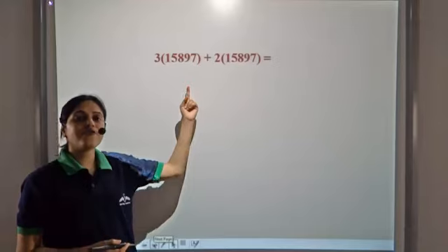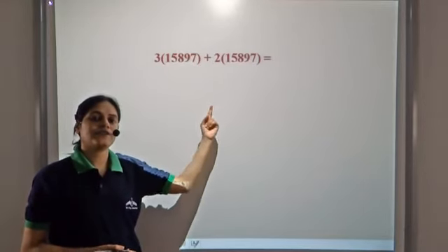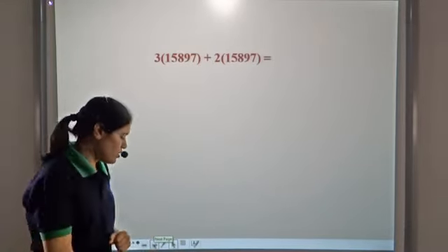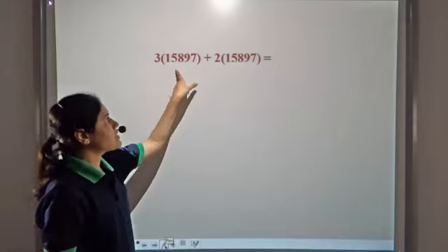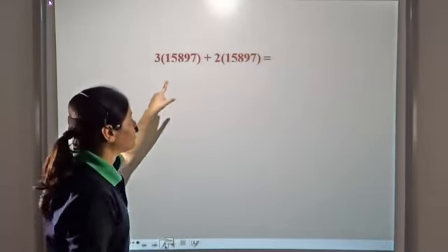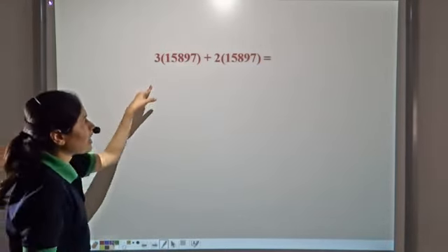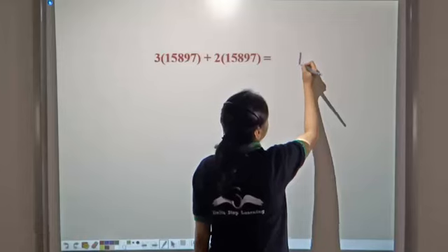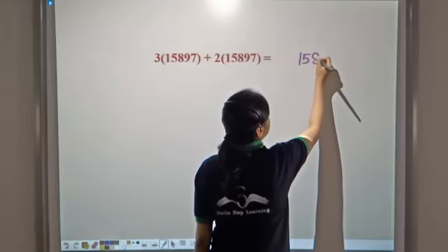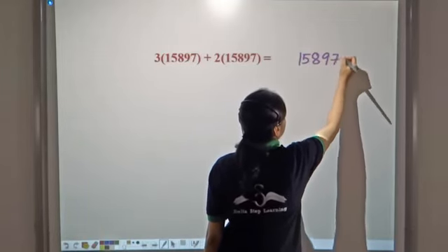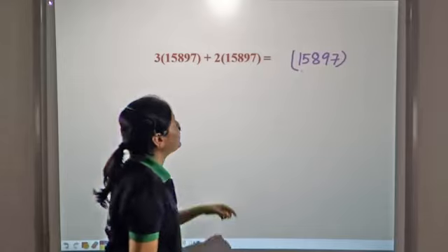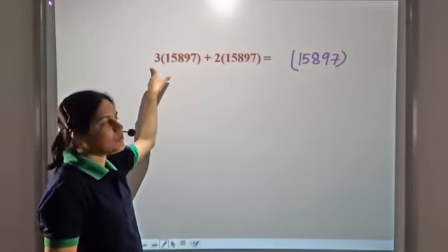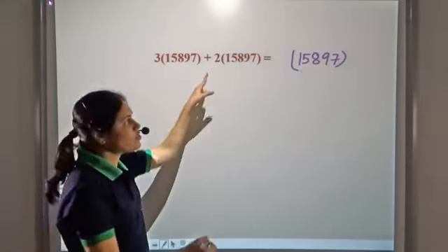Now, if you have ever come across a question like this, what do you do? You simply take this part common, 15897. You take this part common, and add these two, that is you add 3 and 2.